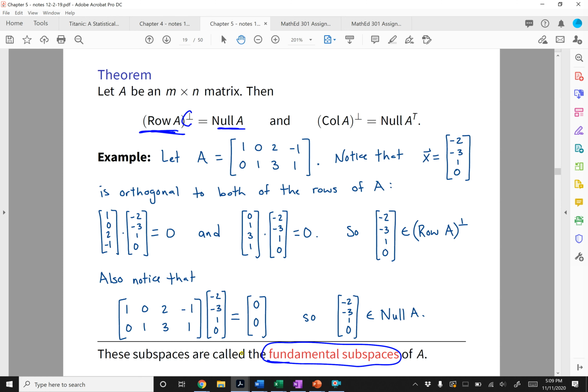We could create a new GeoGebra sketch to look at the column space of A and see what that is geometrically.